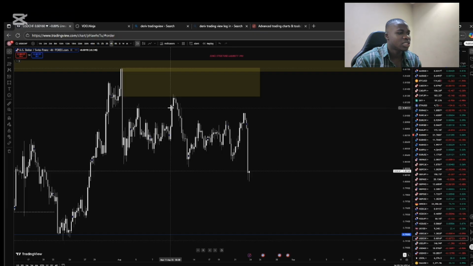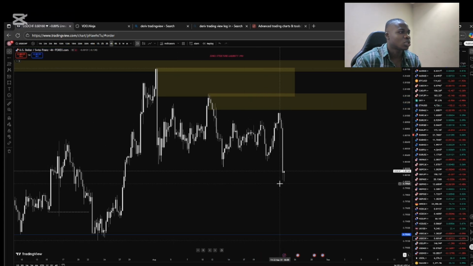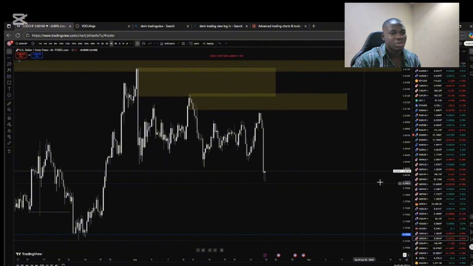So we can easily say, okay, we want to sell from here. But for me, it would be a low quality trade. I won't be that confident of selling right from this place down to all this fair value gap or down to this POI. I won't be confident. But then if you love it, you can risk small money.